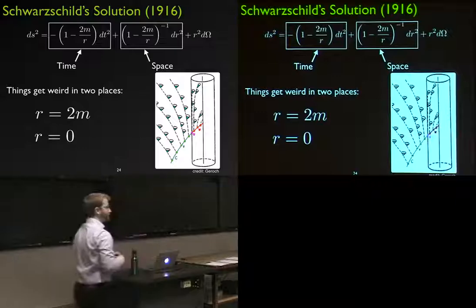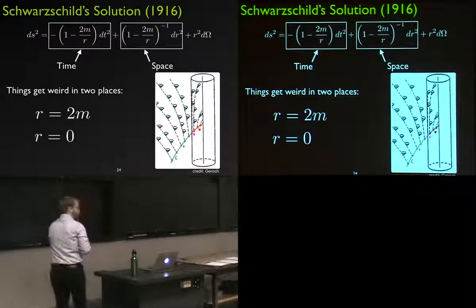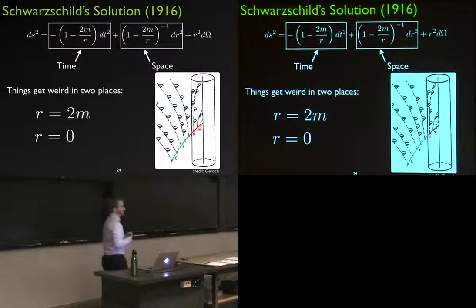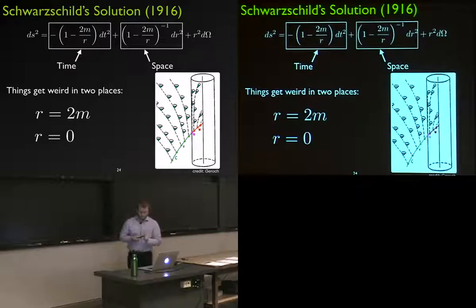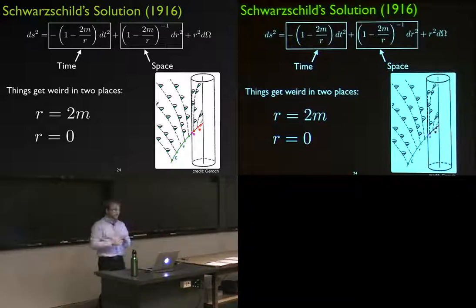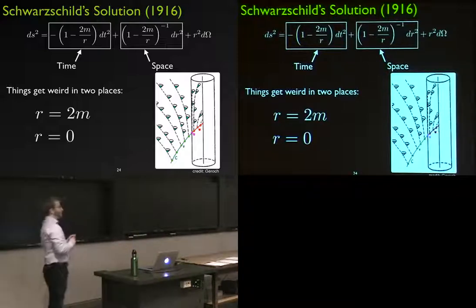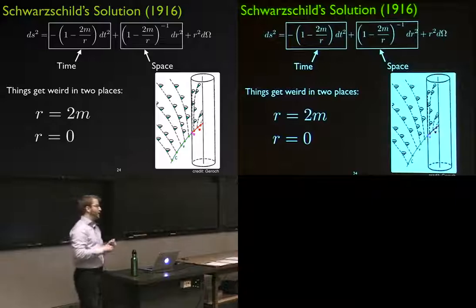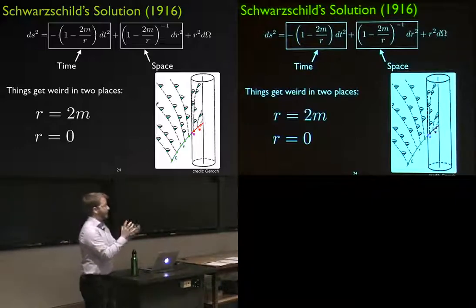Yes? If a black hole has a singularity at its center, and all black holes have singularities at their center, a singularity has 0 space, as you just showed. That's right. Then how can a singularity have spin? Yeah, so it's not so much the singularity that has spin as the whole space-time itself.